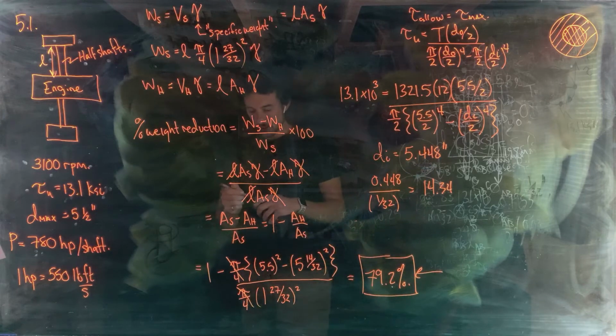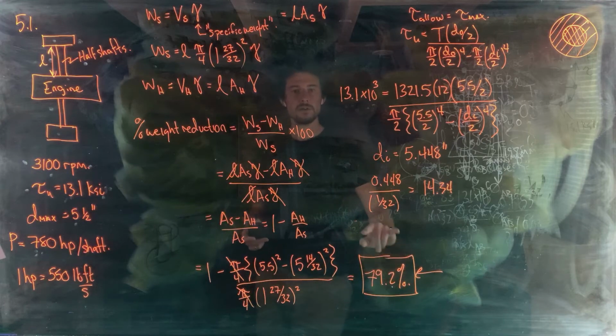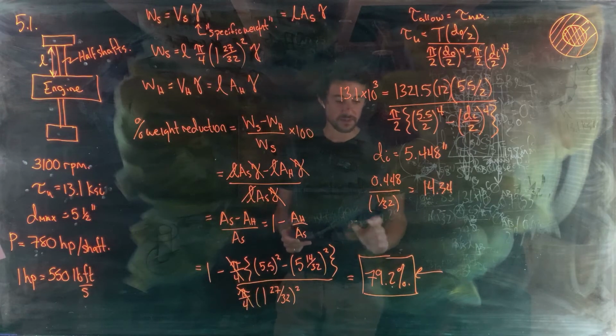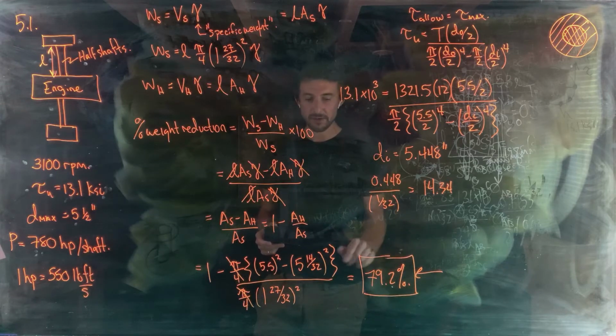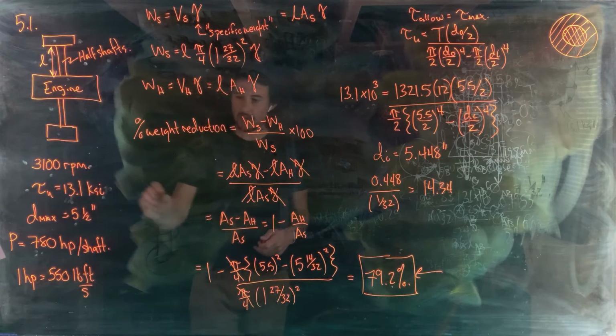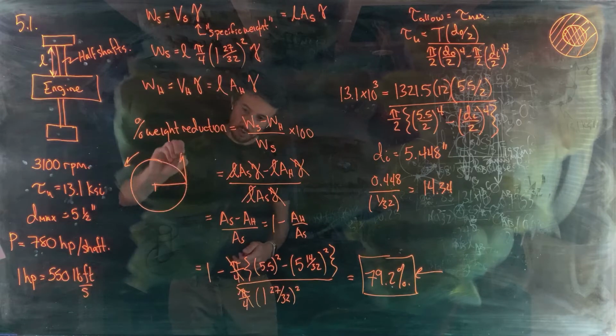So you have a much lighter shaft if you use a hollow shaft than if you use a solid shaft. A hollow shaft with the minimal amount of material to support this stress can be much lighter than a solid shaft. Why? Because again, when you've got something that is experiencing an internal torque, shear stress is greatest at the outside, and decreases moving towards the center.